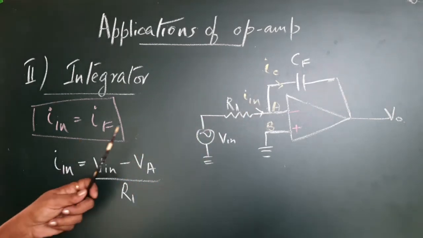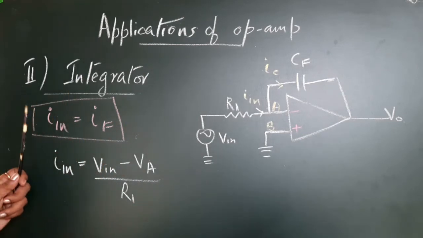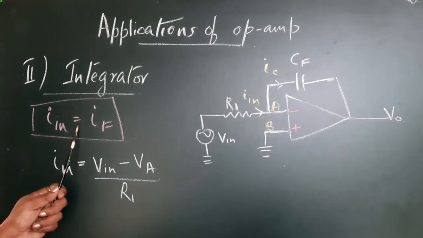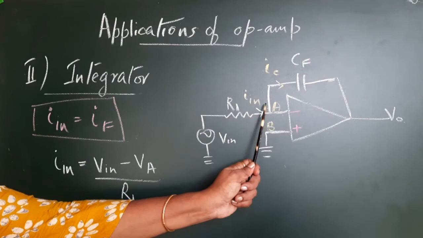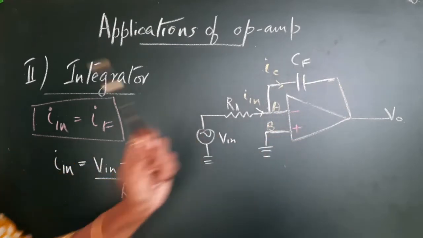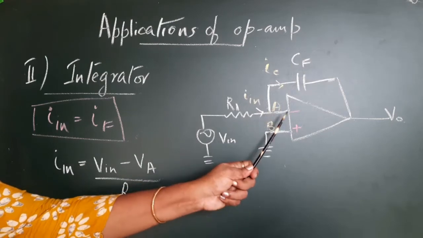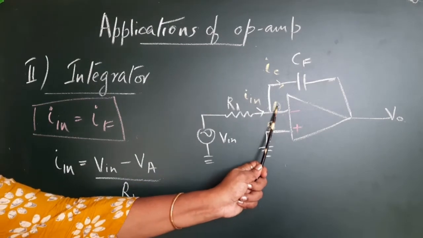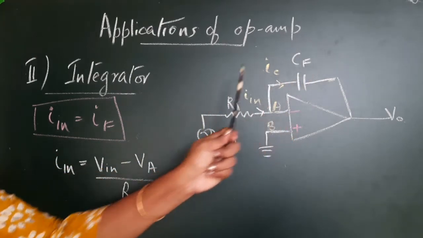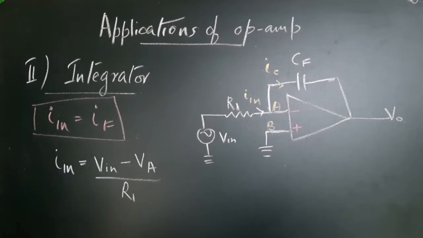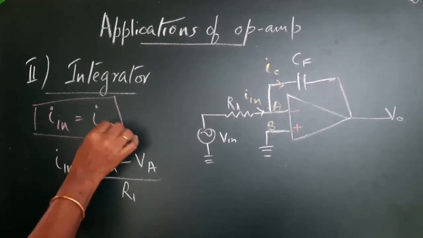So, coming to the derivation part of it, we have the thumb rule In equals If. All the current that is flowing through this circuit will flow through this feedback component, because of the concept of virtual ground, no significant current will be flowing in. All this current will flow through this. So, In equals IC or If. I can also put it as IC in this case.